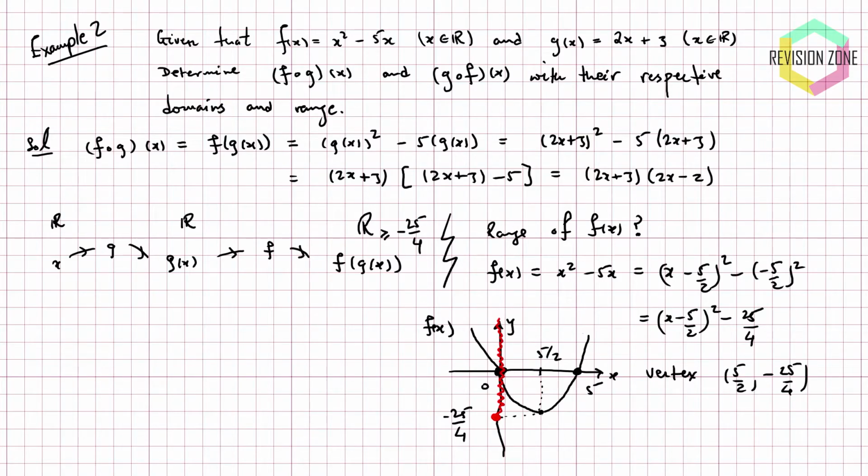So we've managed to figure out the range for f of g of x, and also the domain for f of g of x, because effectively this thing here is f of g of x. So I can say the domain is the real numbers, and the range is real numbers which are bigger than or equal to minus 25 over 4.